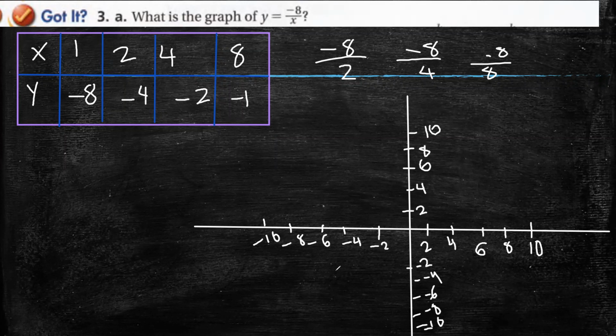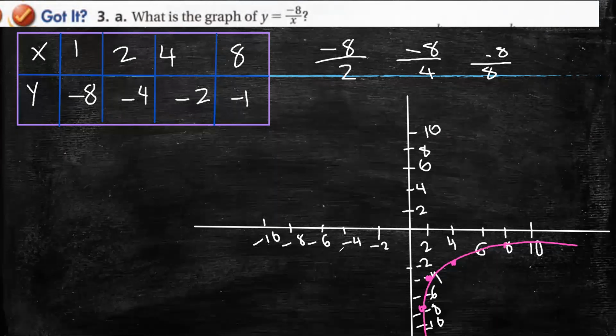Now, at point 1, it's negative 8. At point 2, it's negative 4. At point 4, it's negative 2. And at point 8, it's negative 1. So it is here. This will be now here.